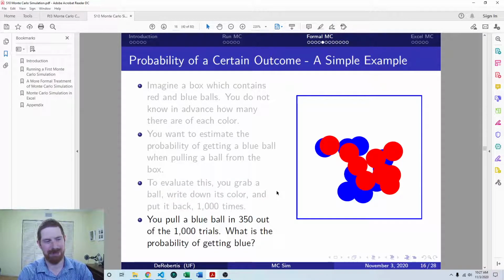And so you get a blue ball 350 out of the 1,000 times. So then what is your probability of getting a blue ball? A decent amount of people will probably just intuitively say, well, that's a 35% chance of getting a blue ball. But how do we get there?